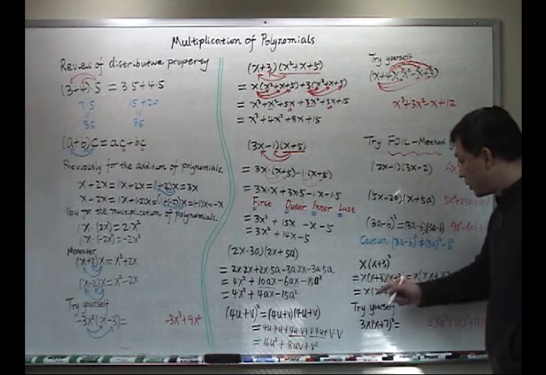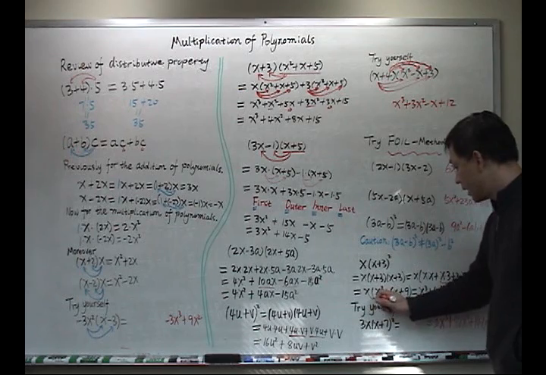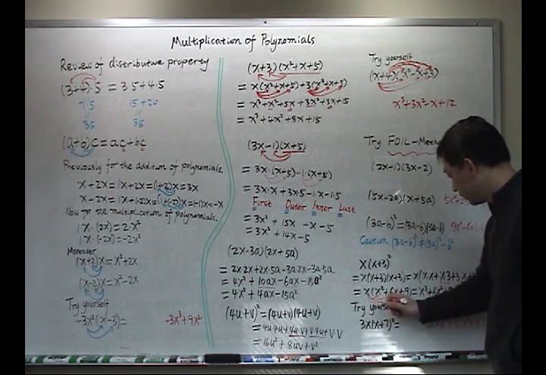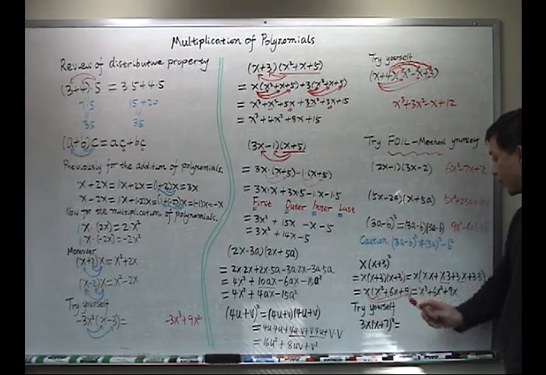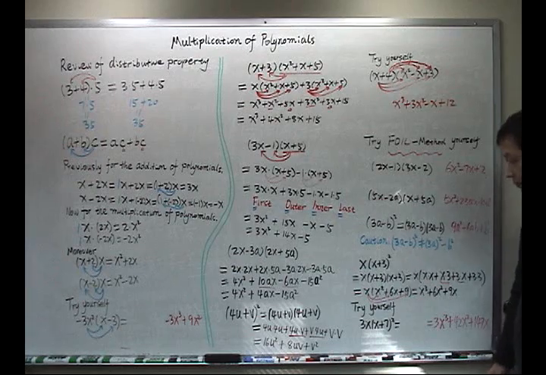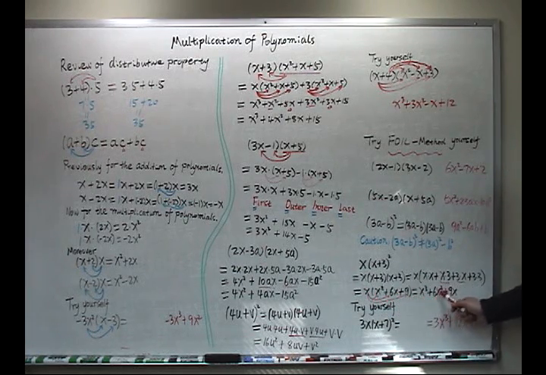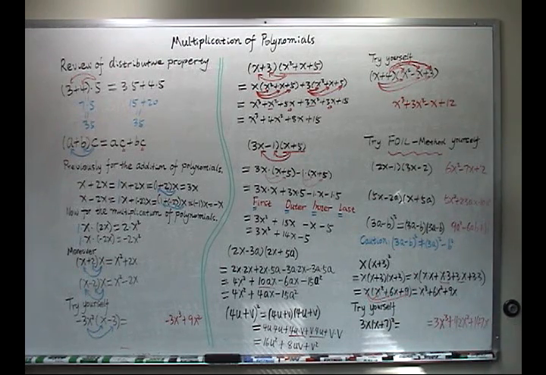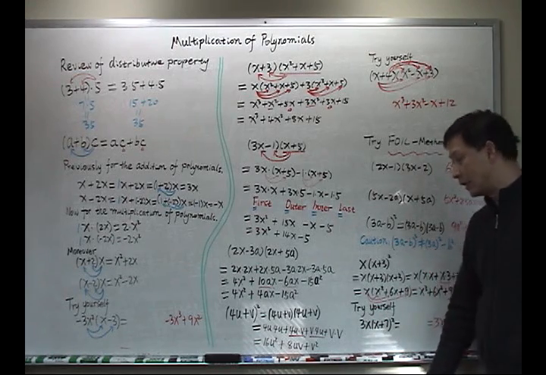Now, x needs to go to each term inside. Okay? By the distributive property. Then you have x times x squared is x cubed. x times 6x is 6x squared. x times 9 is 9x. Try this one yourself. Alright?